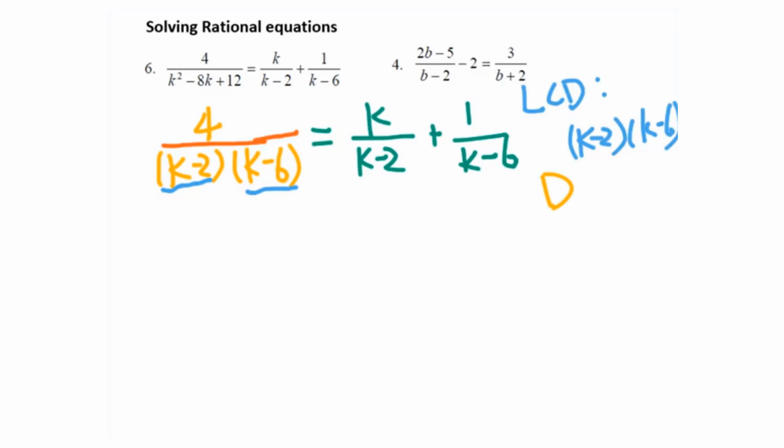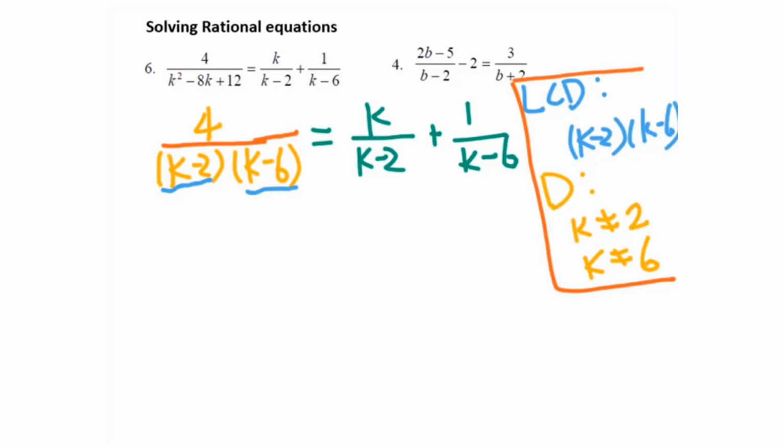What's the domain for this equation? Just check each term. We get k not equal to 2 and k not equal to 6. Have this ready. Then we need to multiply by LCD for both sides.